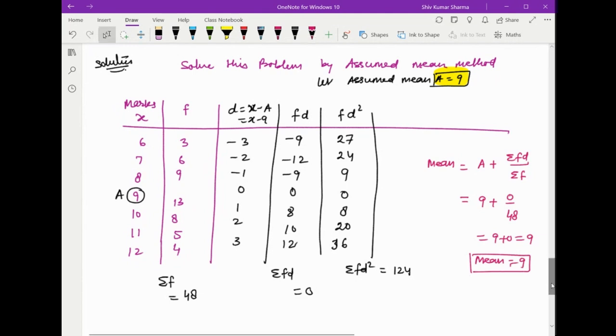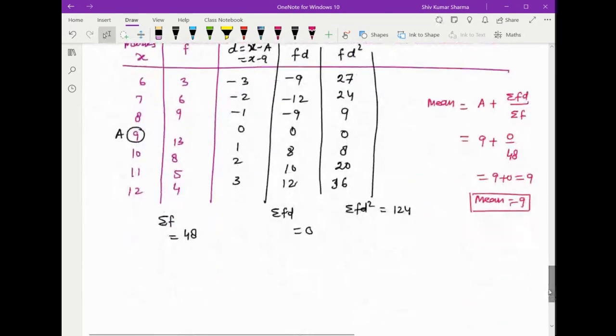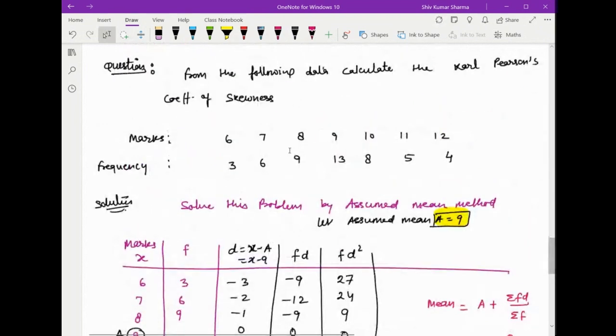Now we calculate the mode. For mode, we know that the value which has the highest frequency is known as the mode. Looking at the question, the highest frequency is 13.